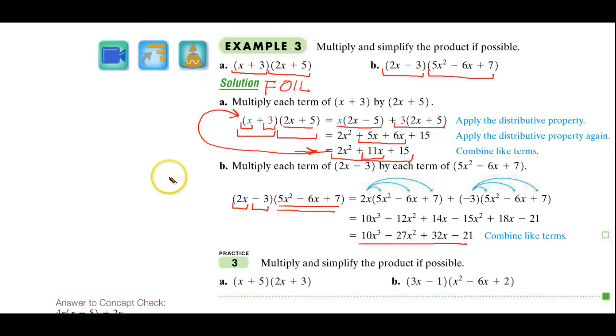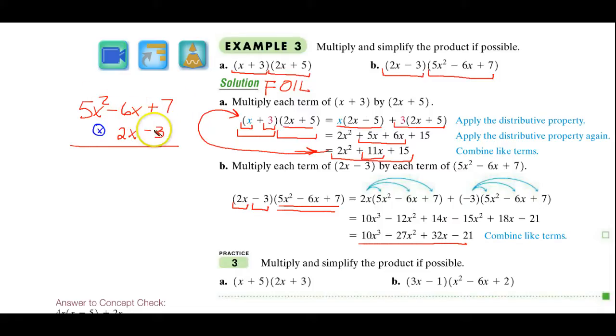Now, what I'm going to suggest, and the text will suggest later, is that when we do this, we set it up vertically. Now, I did want to show you how to do it horizontally, but I like this method, again, for accuracy.